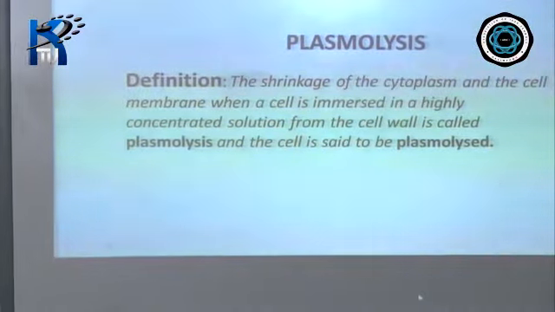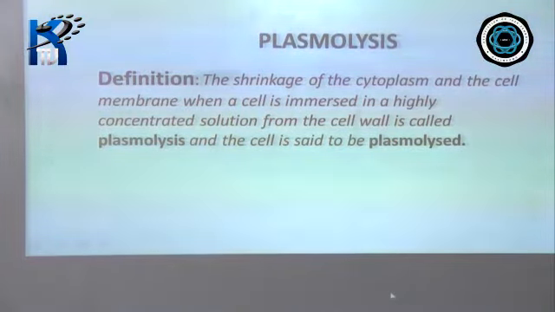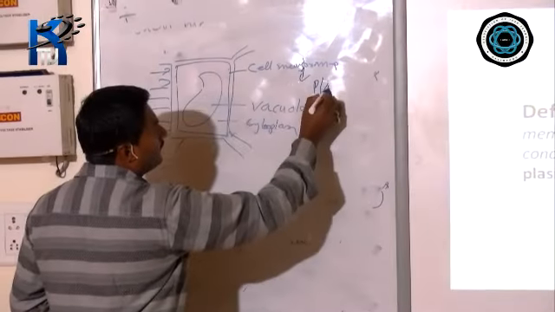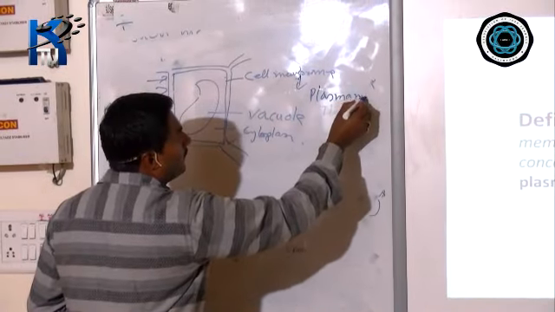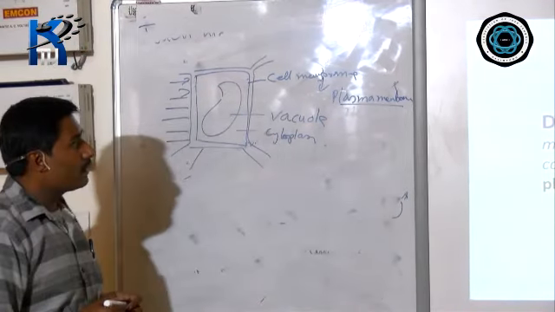Now, come to the next part, which is called plasmolysis. Which part do we call plasma? The other name of the cell membrane is plasma membrane.